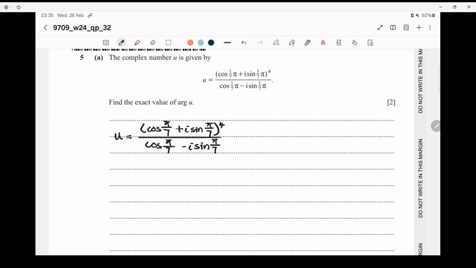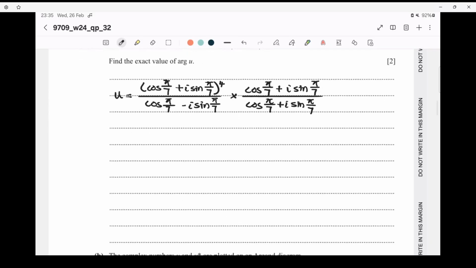So what you need to do is to multiply with cos pi over 7 plus i sine pi over 7. Then you divide by this. The reason why you need to do this is to make the lower part get rid of the complex number, so you multiply with the complex conjugate.